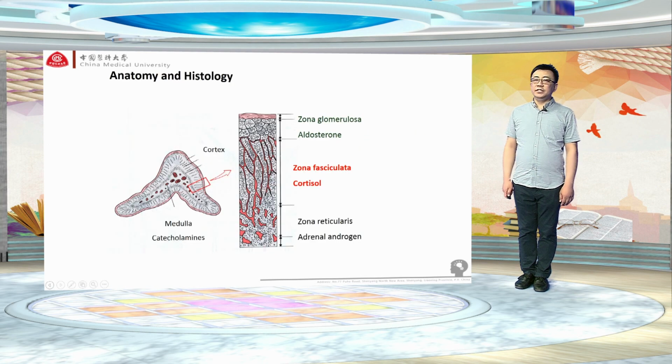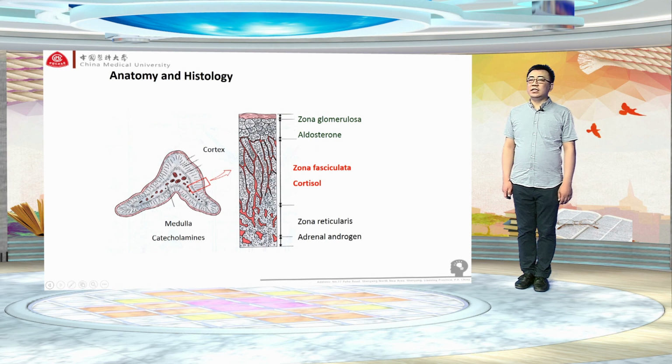In order to learn this disease, it is necessary for us to review some knowledge of the anatomy and histology of the adrenal gland. You can see this is the adrenal gland, and the outer part is the cortex, and the inner part is the medulla. The medulla secretes catecholamines, and the cortex is divided into three regions.